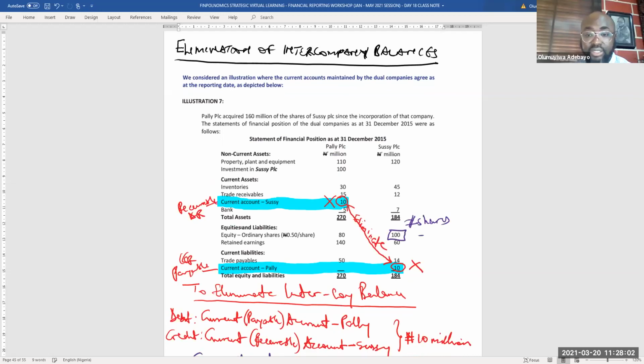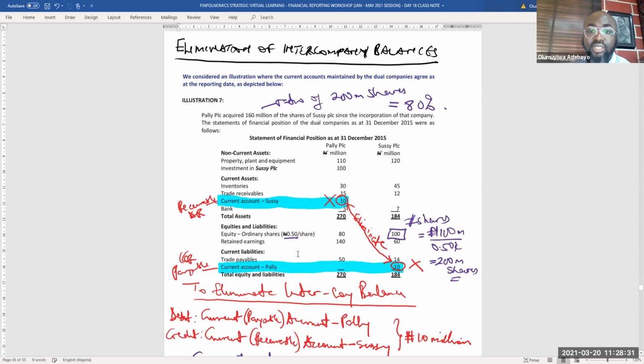To know the number of shares, it is the 100 divided by 50 kobo, which would give us 200 million shares. If you consider this as a ratio of 200 million shares, what it gives is 80%.